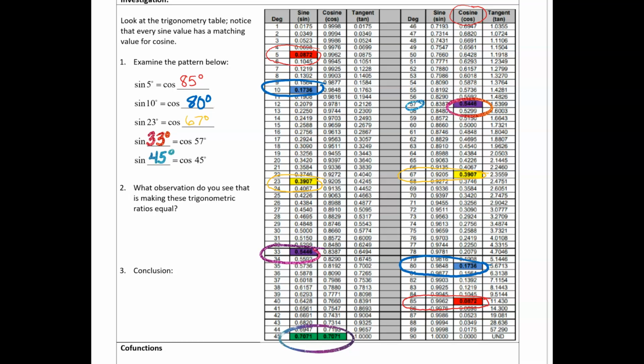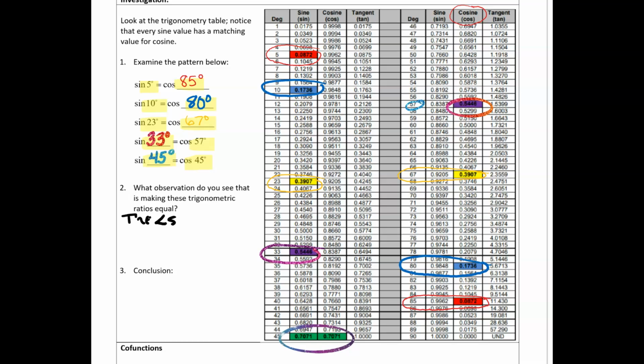So now that we've made these observations, do you see what's making these equal? Well, if you look here and here, there's something special about those angles. 10 and 80, 23 and 67, 33 and 57, 45 and 45. So hopefully you notice that these angles add up to 90 degrees.